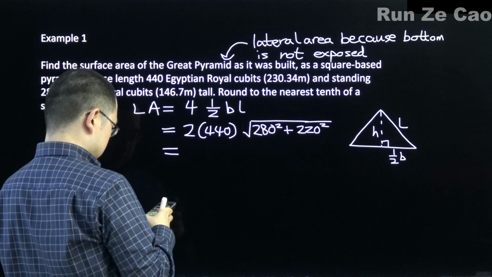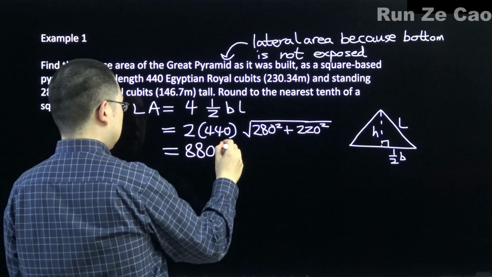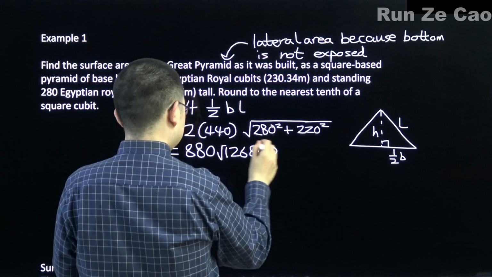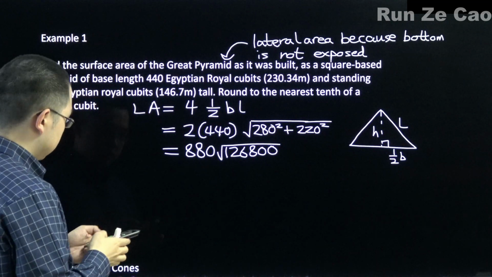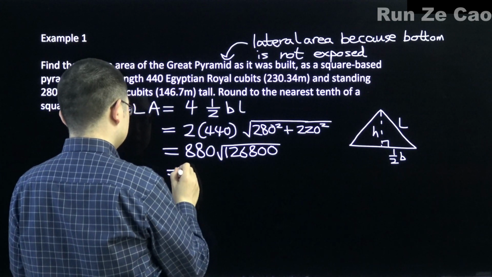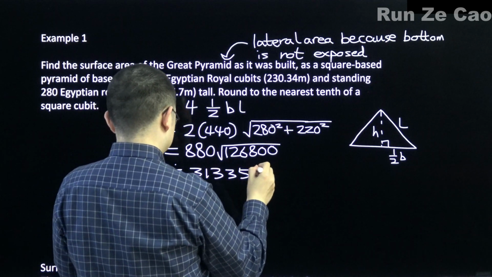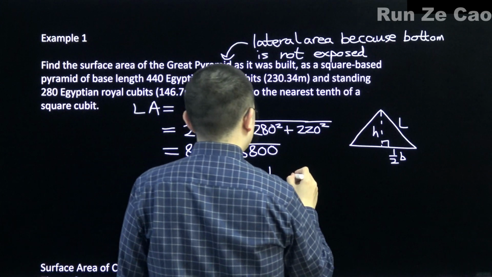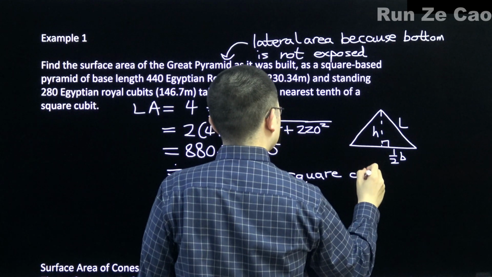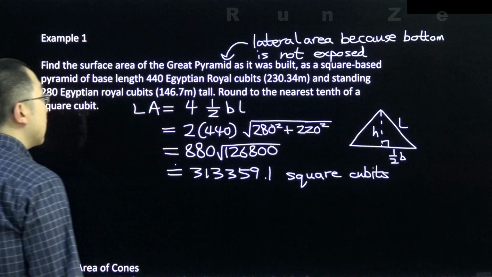Plus 220 squared. 880 root 126800 square root times 880 gives us approximately an area of 313,359.1 square cubits. Square cubits. Okay then.